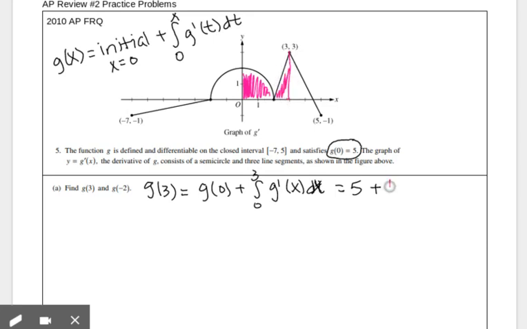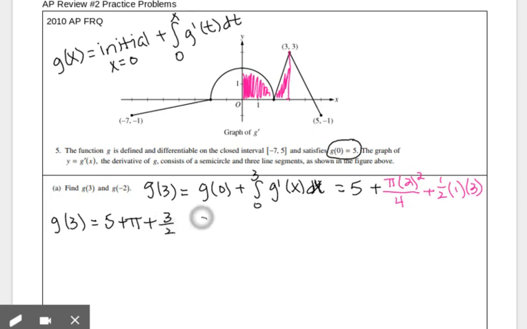So a quarter of a circle means we're going to do pi times the radius, which is 2 squared, over 4, and then plus 1/2. The base is 1 and the height is 3. So if we look at g of 3, then to simplify, we would get 5 plus pi plus 3 over 2.